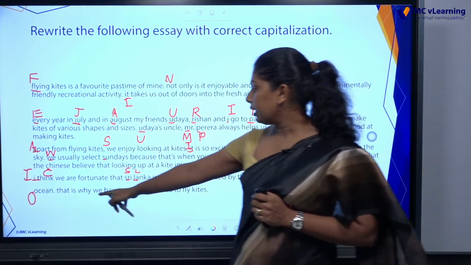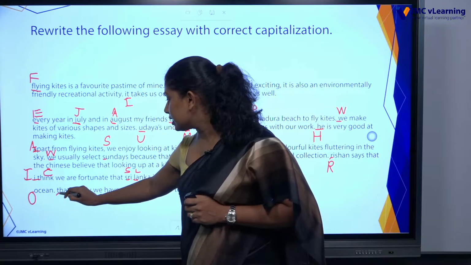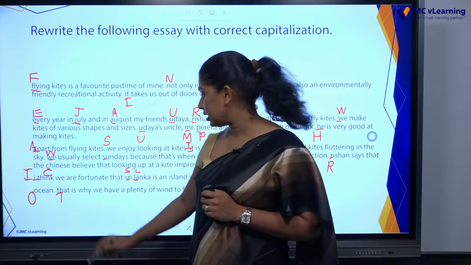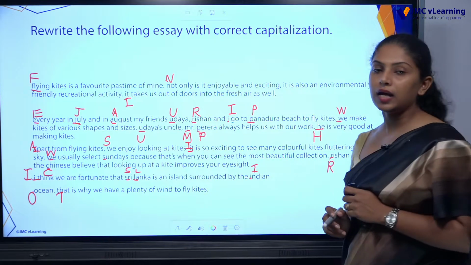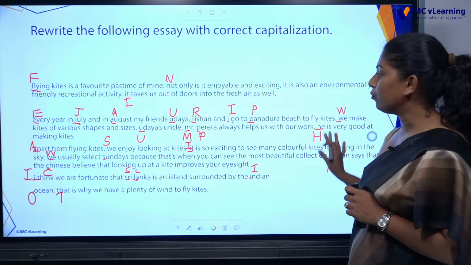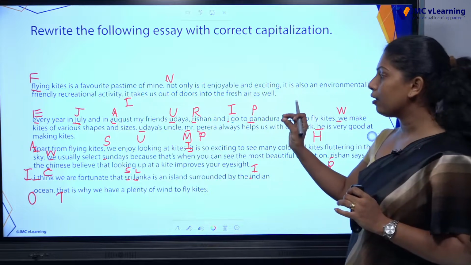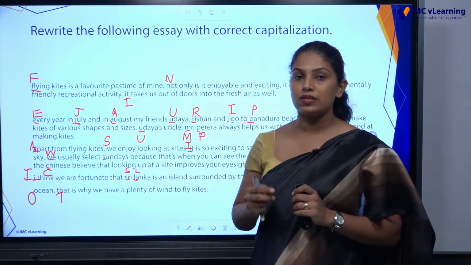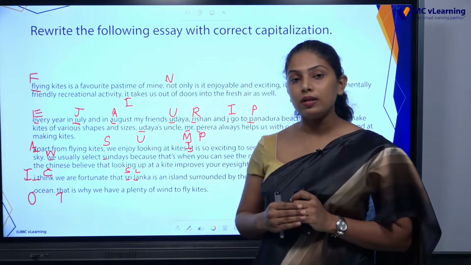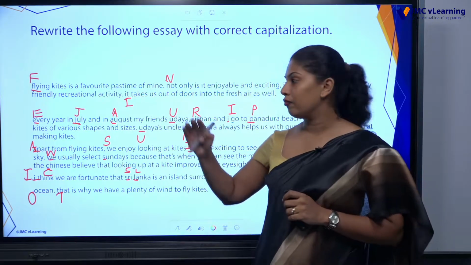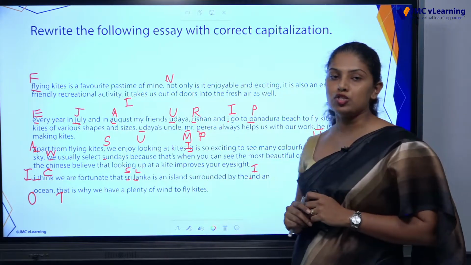Then again we can see a full stop here, and when we are starting the new sentence, T should be in capital. That is why we have plenty of wind to fly kites. Now we have gone through the whole paragraph and we have found all the mistakes, where simple letters were written instead of capital letters, and we changed them into capital.